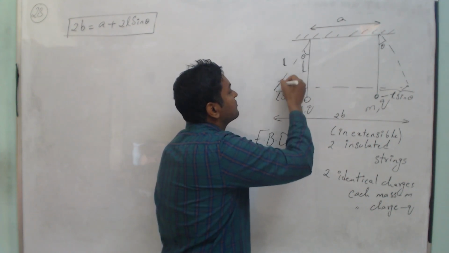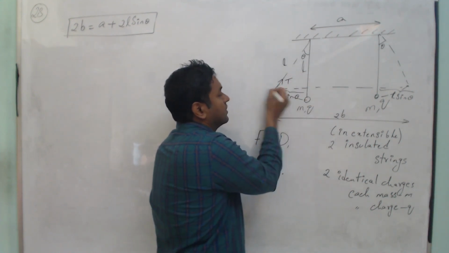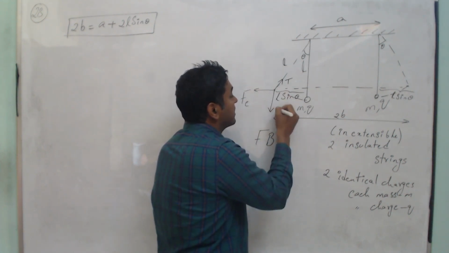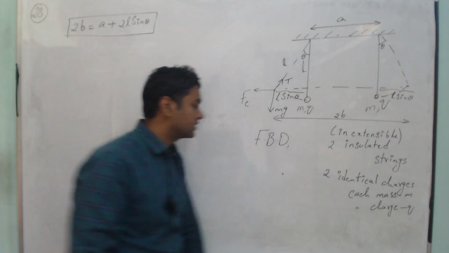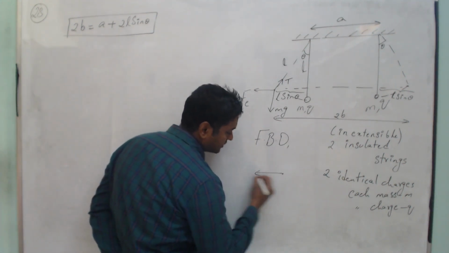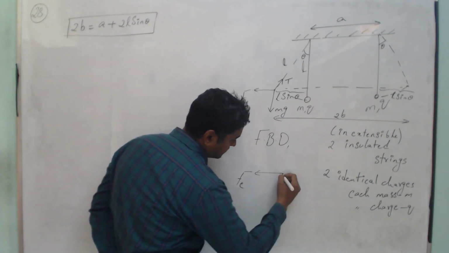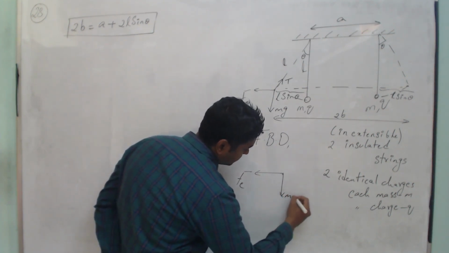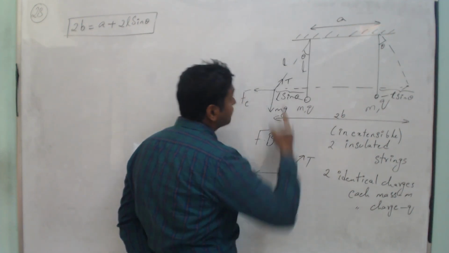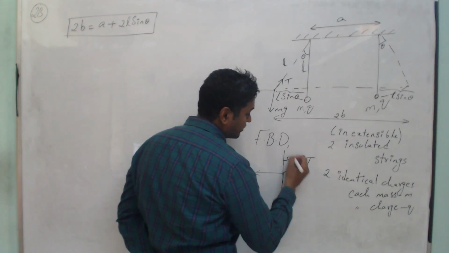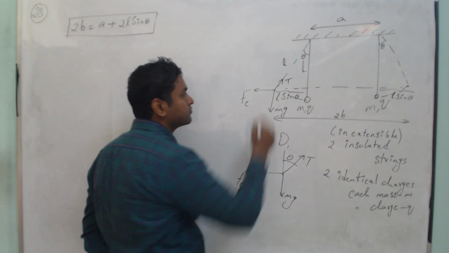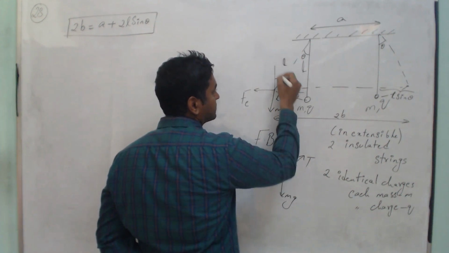There is a tension force in that direction, and there is an electrostatic force in this direction, and there is a gravitational force in the downward direction. And because we took that angle as theta, automatically this angle will also be theta. Because if we draw a vertical line, this angle will also be theta.